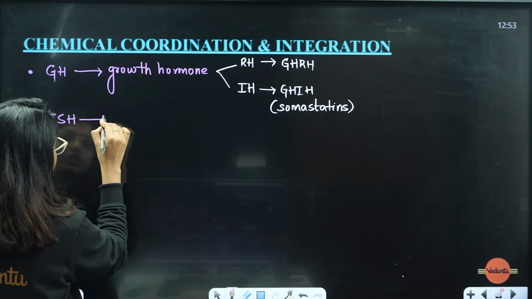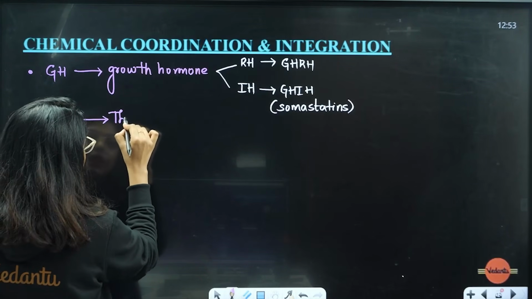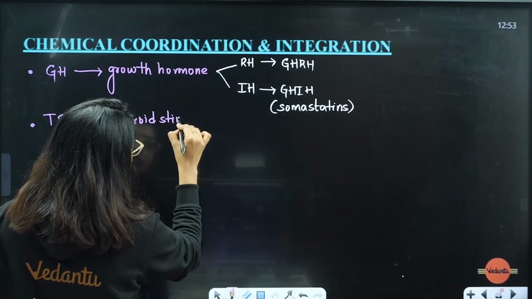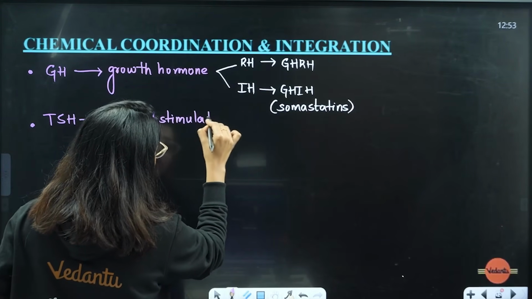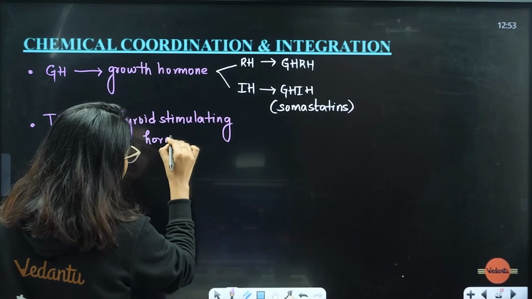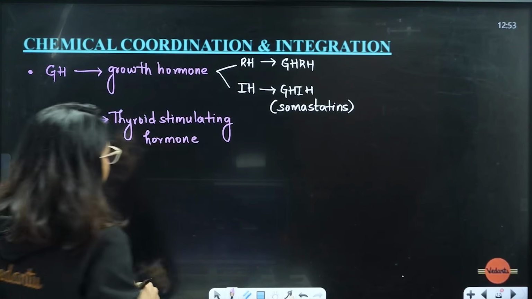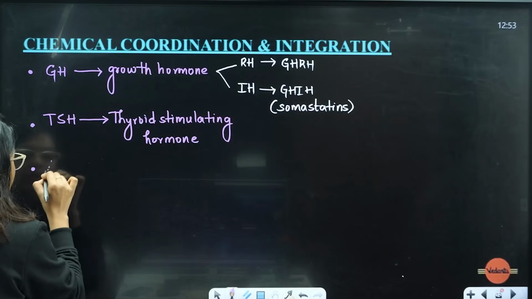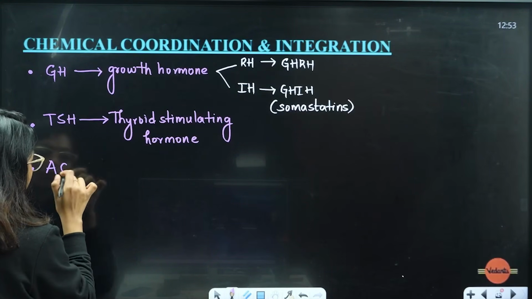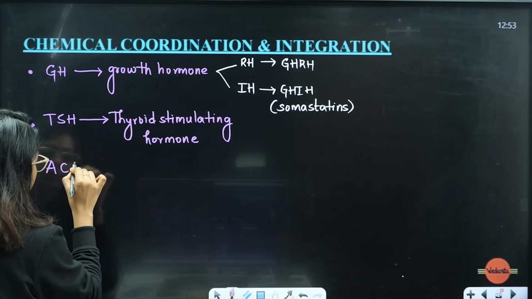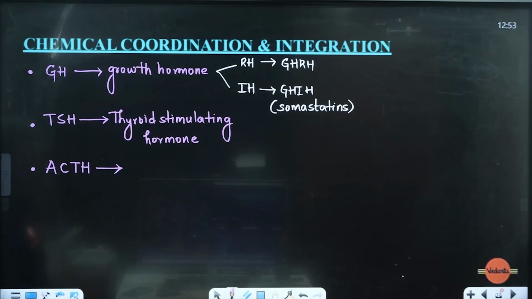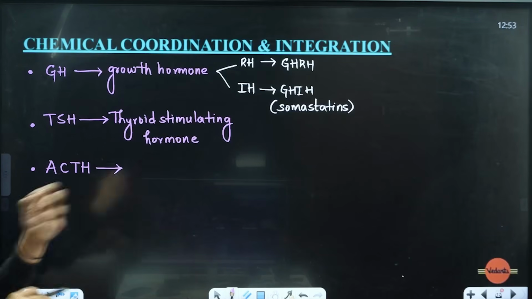TSH. What is TSH? Thyroid stimulating hormone. Then ACTH, adrenocorticotropic hormone. Yes or no? All these are going to be released here only.